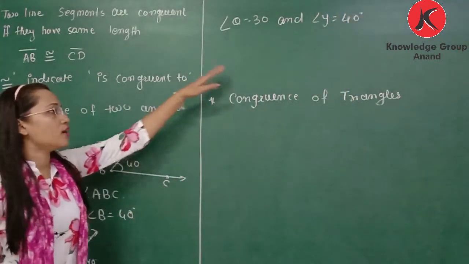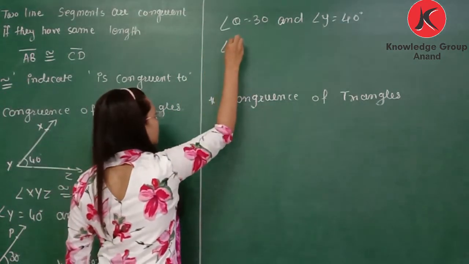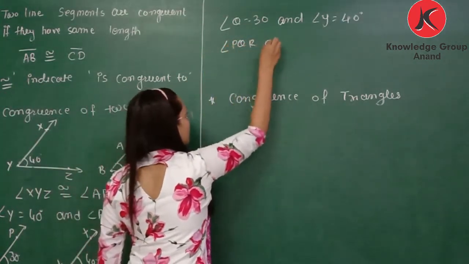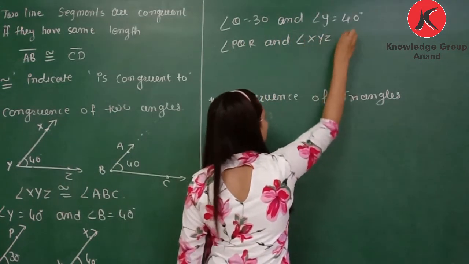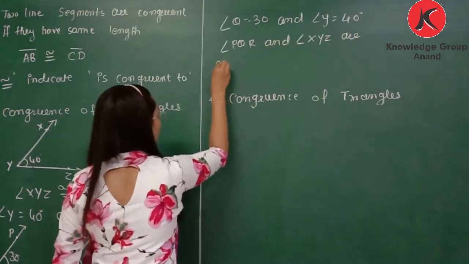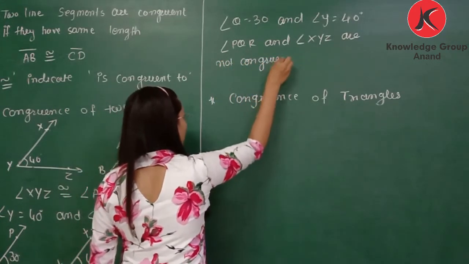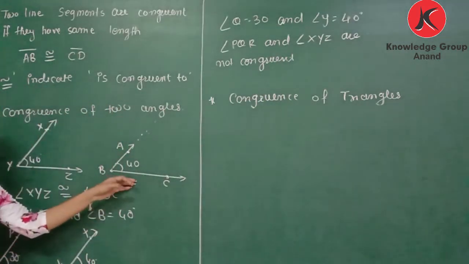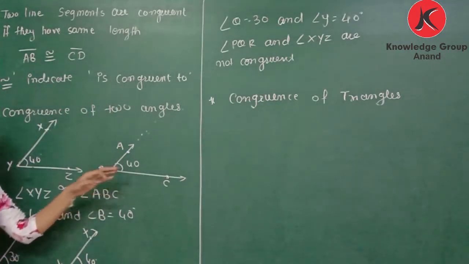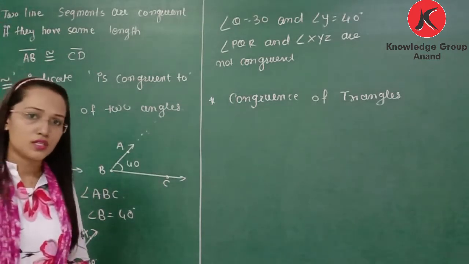So angles are not the same, so they are not congruent. So you can write angle PQR and angle XYZ are not congruent. Okay. This angle can also be in another direction. Then again they are called congruent angles because the measurements of the angles are the same.